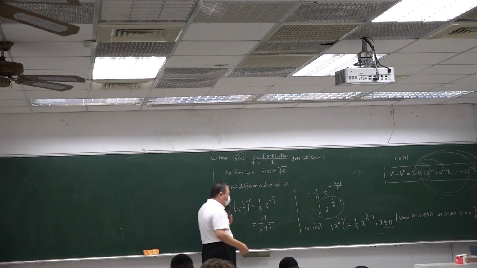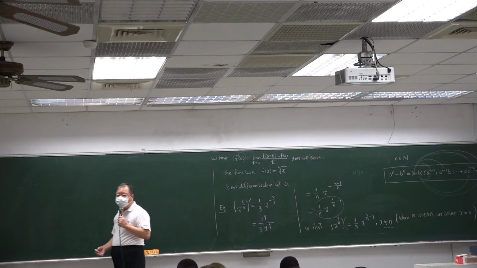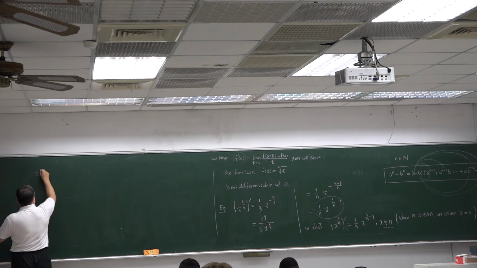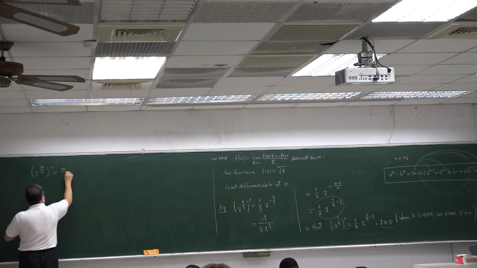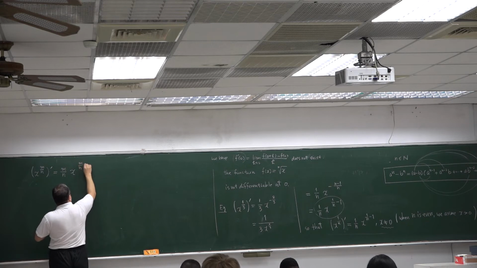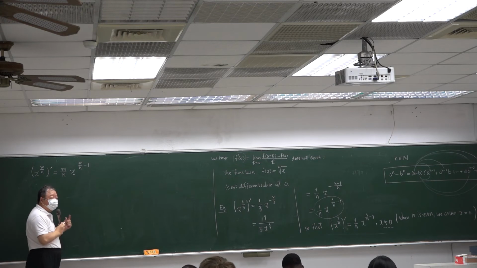Okay, let's move on to an arbitrary rational number. Again, a rational number is a real number that can be expressed in terms of a fraction.